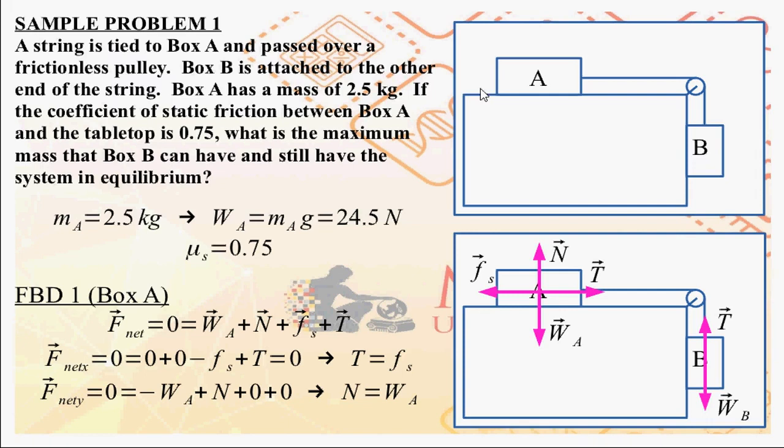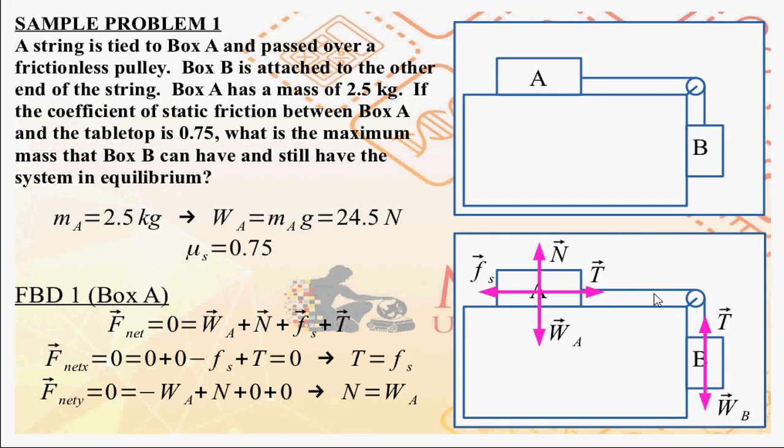The tabletop will react by producing normal force, and normal force is always perpendicular to the surface. The surface is horizontal, therefore the normal force is vertical. Because of the weight of B, B will be pulled downward. As such, the string will be pulled. The string will react to being stretched by producing tension.